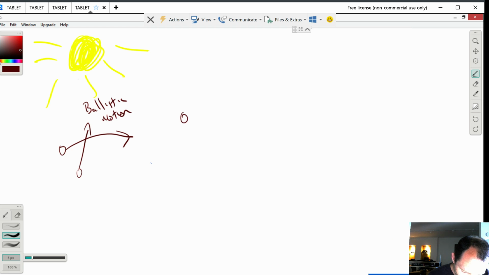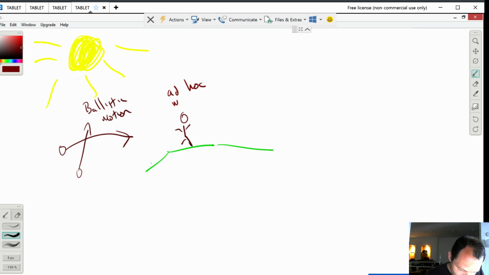We had our non-ballistic motion. Let's call it ad hoc motion. These are different things, so I'm going to put them in boxes.